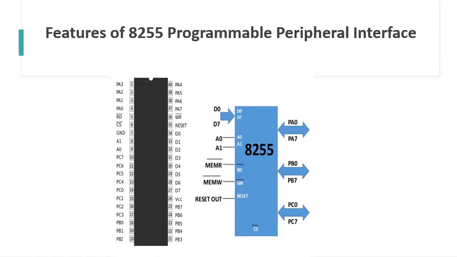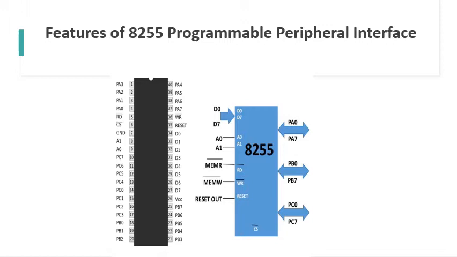Features of 8255 programmable peripheral interface. The important features of 8255 are: the 8255 is a programmable peripheral interface available in the form of a 40-pin IC which works on a power supply of positive 5 volt DC. It is compatible with a wide range of microprocessors and microcontrollers, making it very popular.